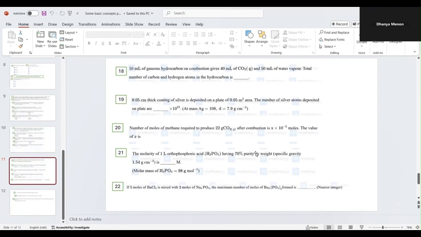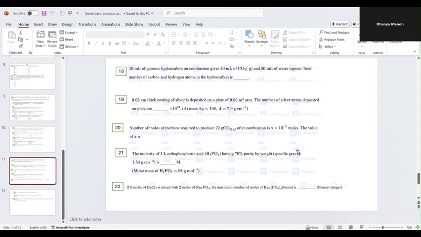The molarity of 1 liter of orthophosphoric acid having 70% purity by weight, and specific gravity, which is nothing but density. You can take this as density in grams per centimeter cube. You need to find the molarity.